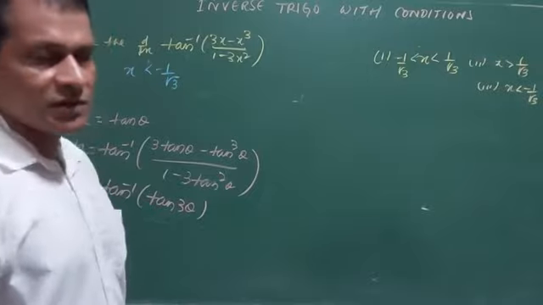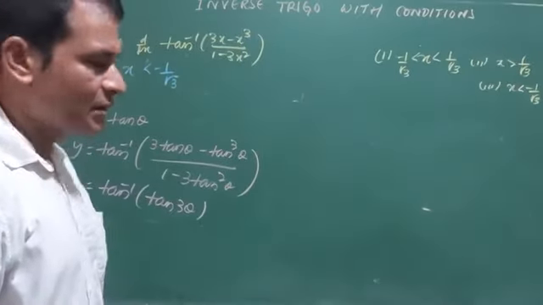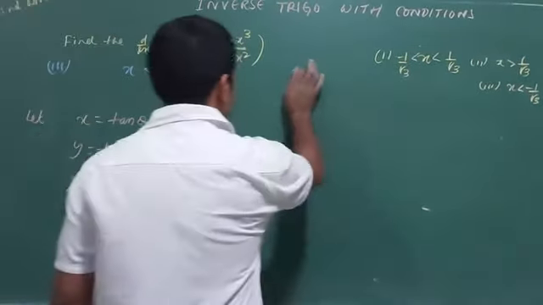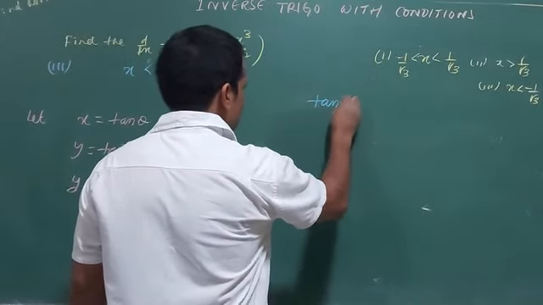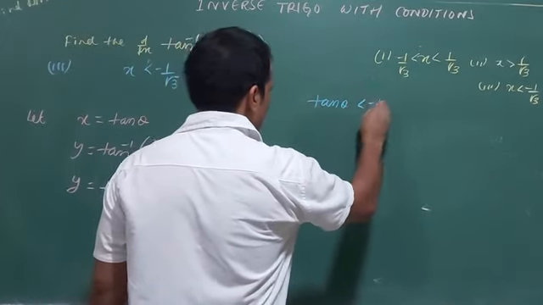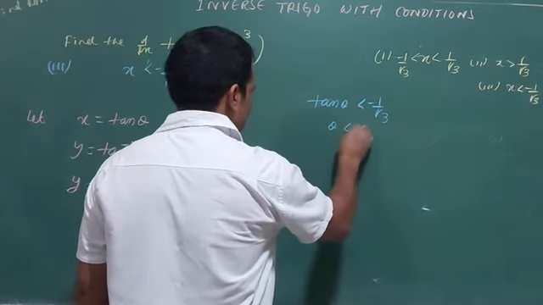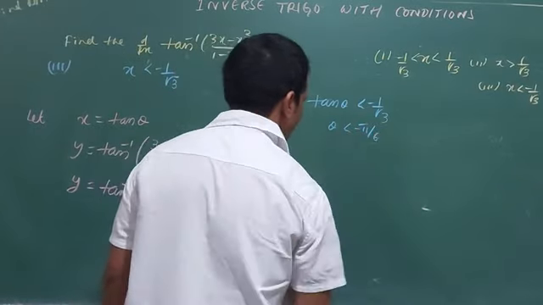X is less than minus 1 by root 3. So tan theta is less than minus 1 by root 3, and theta is less than minus pi by 6.